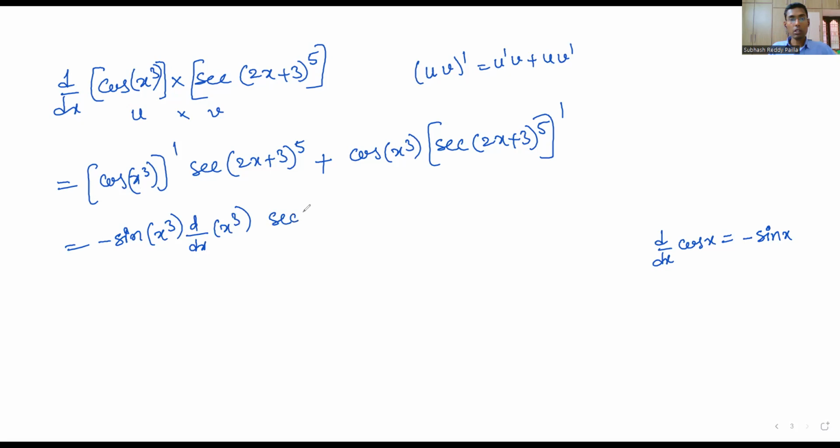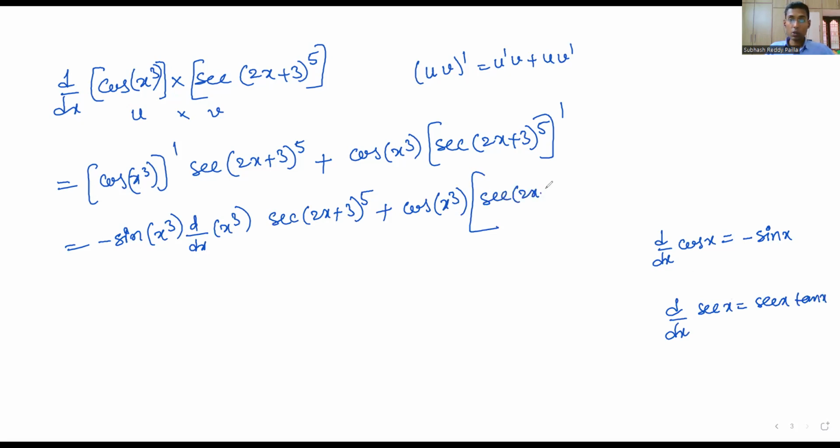And this is the same, secant of 2x plus 3 whole power 5, plus cos x cube is the same. For the differentiation of secant x, which is secant x into tan x, secant x means 2x plus 3 whole power 5 in the place of x.